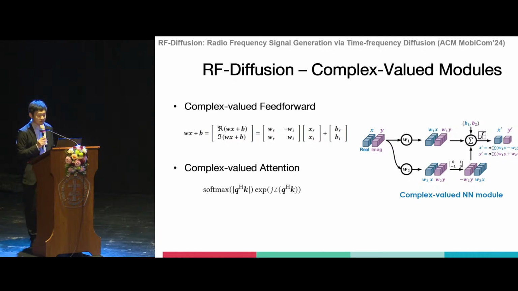Transpose becomes Hermitian transpose, and the results are normalized in magnitude while preserving the phase. So in the end, we get a network that is consistent with standard attention, but also preserves the complex structure of RF signals.